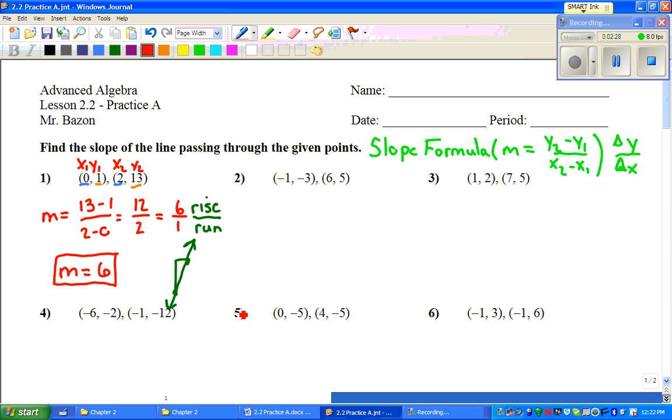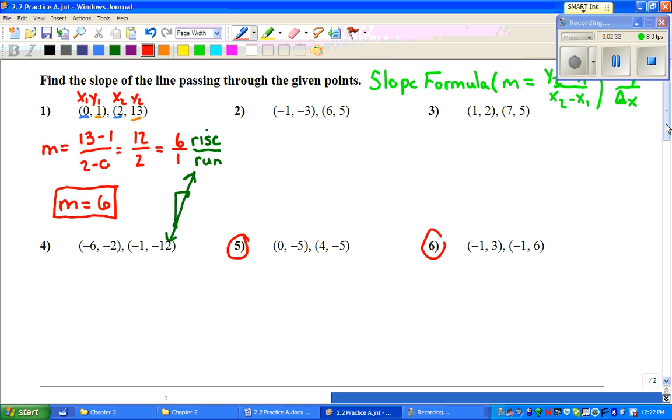Let's take a look at number 5 and number 6 right here, and let's do the same thing. Let's do my slope formula. We'll write that first. M equals, and then we'll label x1, y1, x2, y2. All right. So y2 minus y1, negative 5 minus a negative 5.